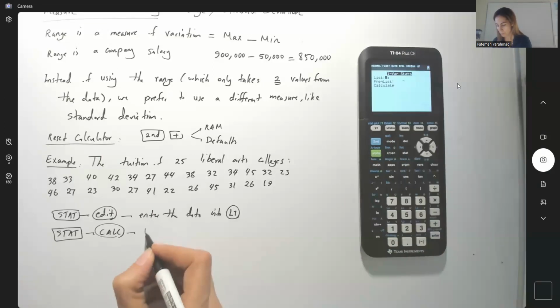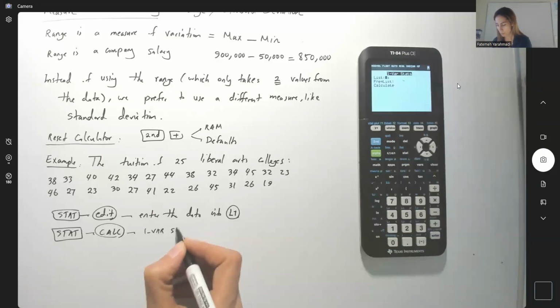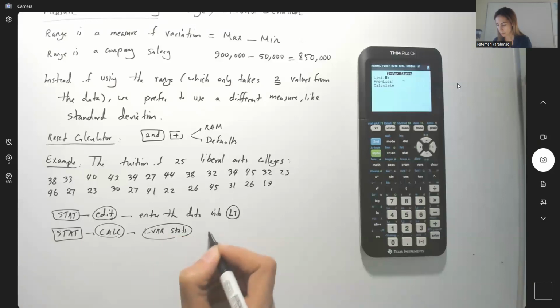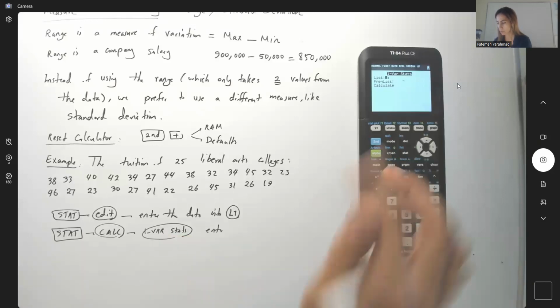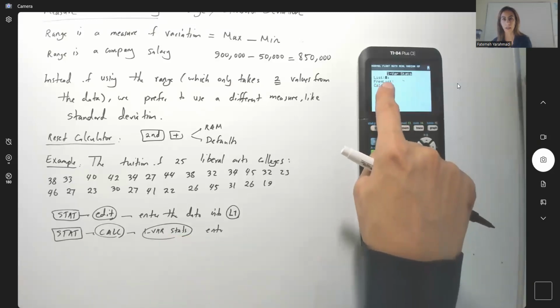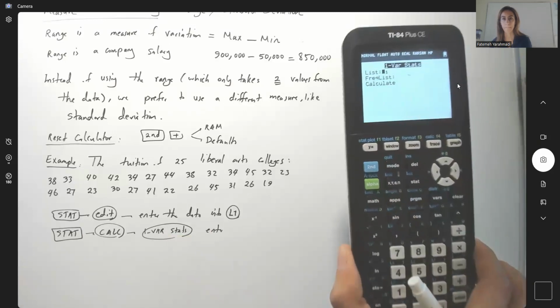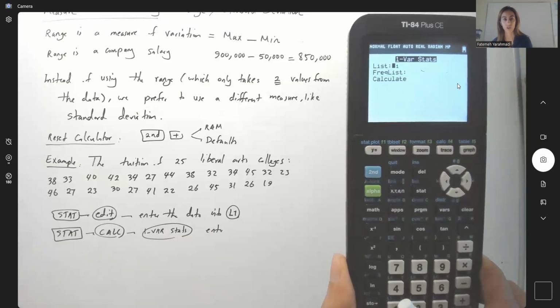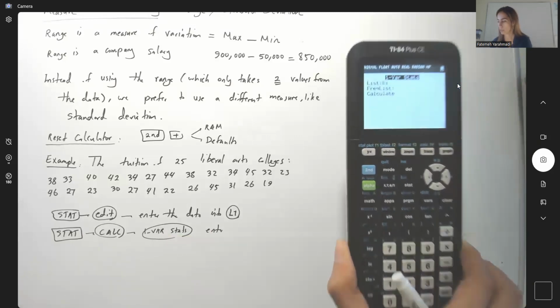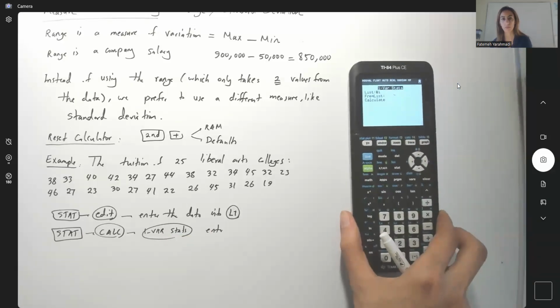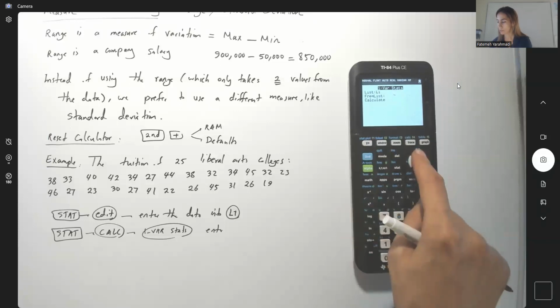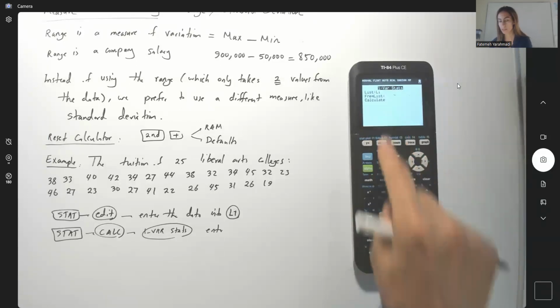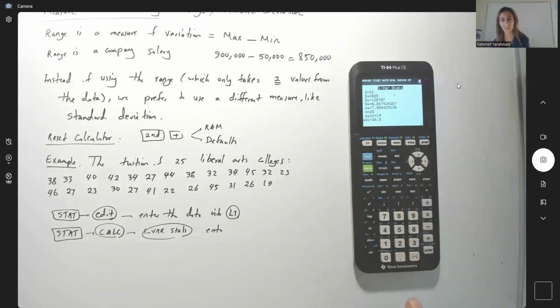Enter one variable stats, enter. Make sure the list is L1, because we used L1, the first column, to enter the data. And the frequency list must be empty. Use the arrow key to go to calculate and enter.